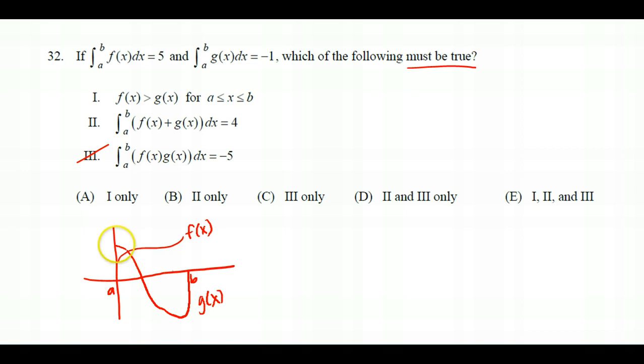So g of x over here is above f of x, but the integral from a to b of g of x is still ultimately a negative number because there's more negative area down here than there is positive area up here. And f of x is still giving me some positive area. So here's a counterexample of why this doesn't have to be true.